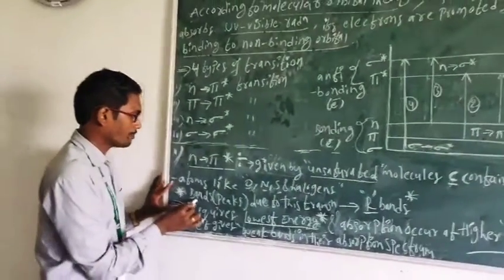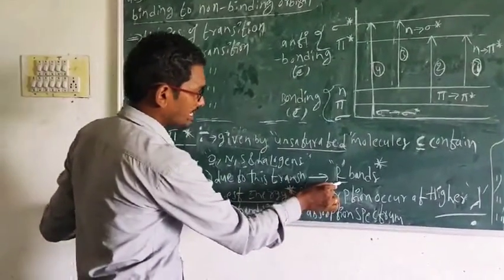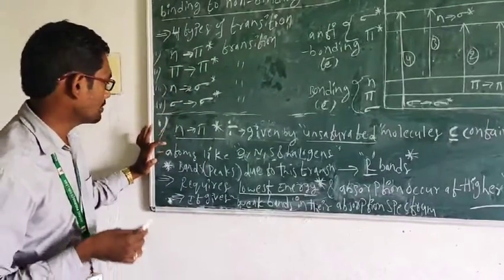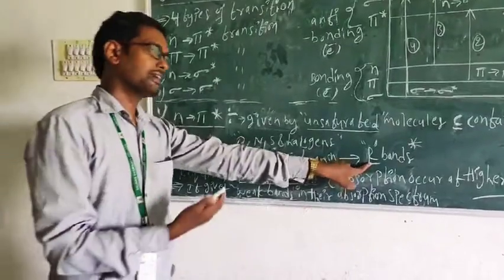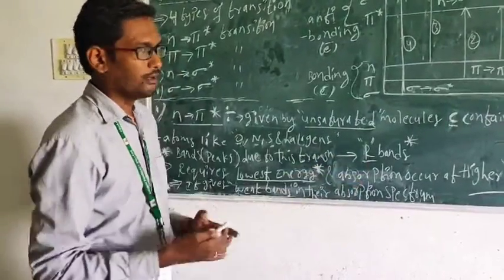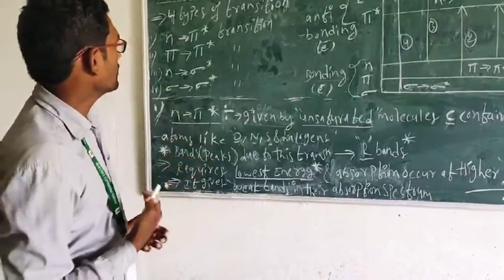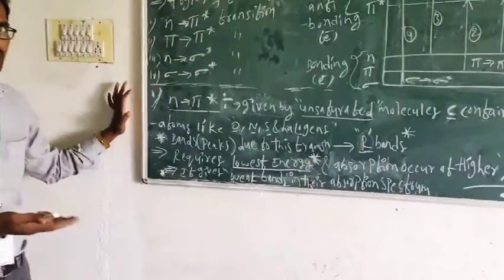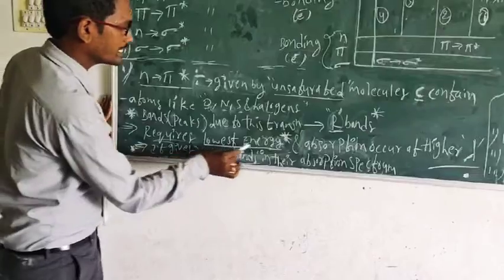The bands, nothing but peaks, appearing due to this transition are known as R bands. For GPAT purposes also, R bands are produced by which kind of electron transition? n to pi star. Here R indicates radical, or free radicals. It requires the lowest energy.